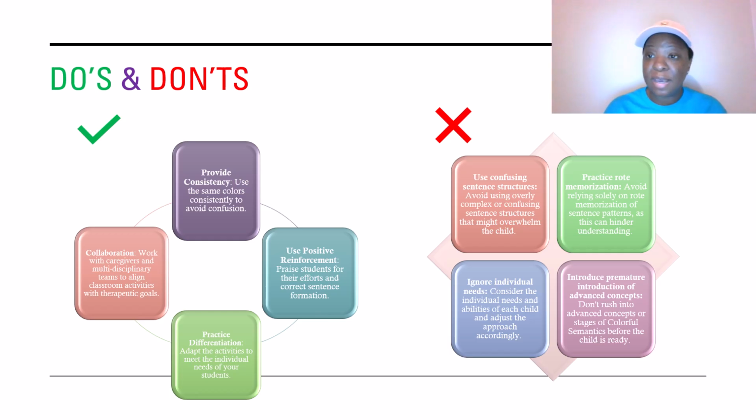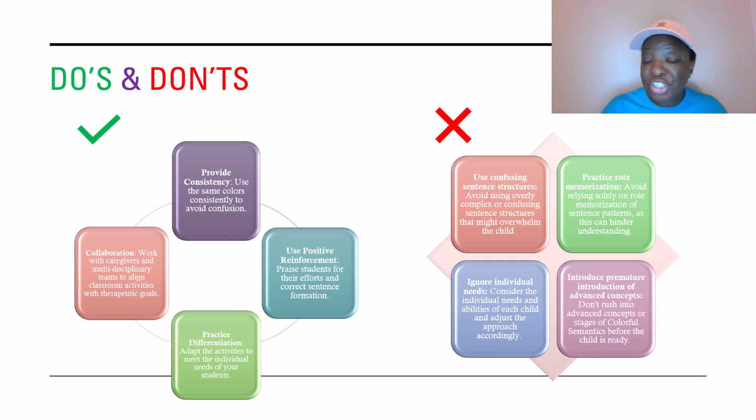Again, in order for this therapy approach to be effective, we need to have consistency in the way we execute it. So, one, providing consistency: use the same colors to avoid confusion. Collaborate. Work with caregivers and the multidisciplinary teams, teachers, daycare workers, babysitters, and this will allow everyone to align the therapeutic goals.